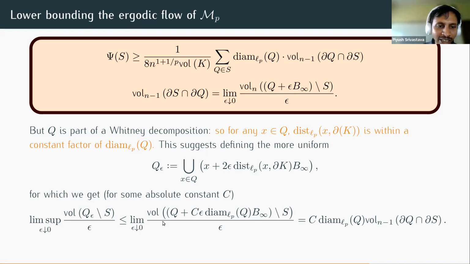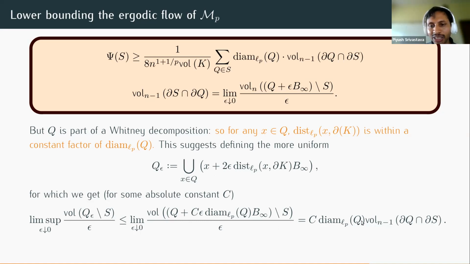Yeah, so this comes from the lemma, and this side here just comes from the fact that I've chosen a constant c in such a way that this Q epsilon, this non-uniform one, because L_P(x) for every x in Q is within a constant factor of the diameter of Q, is completely contained inside this Q plus c epsilon. So you choose c, like 10 or something is what that capital C is.